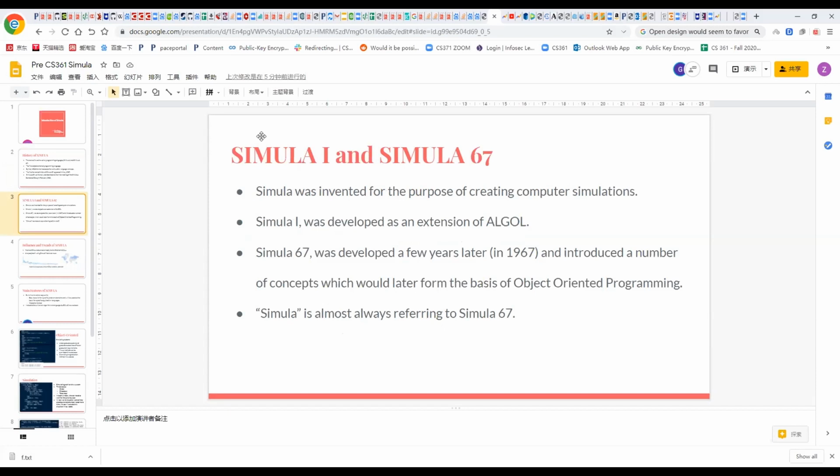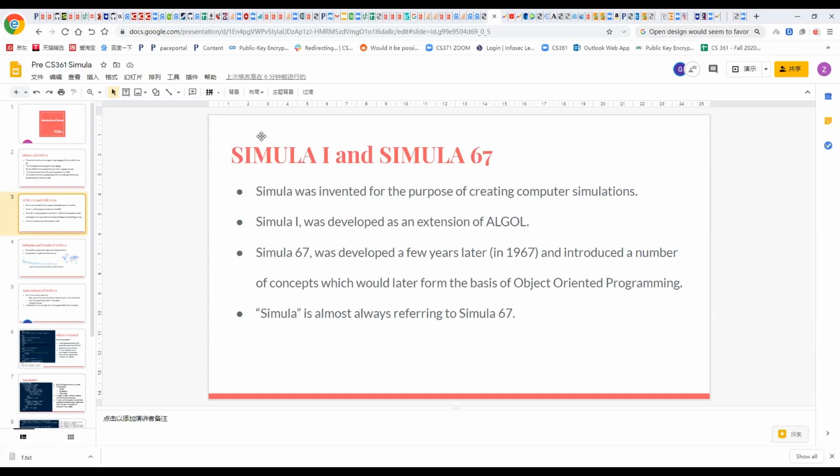The first version of the language, Simula 1, was developed as an extension of ALGOL, with special tools and features added for the simulation of real-world events and systems.